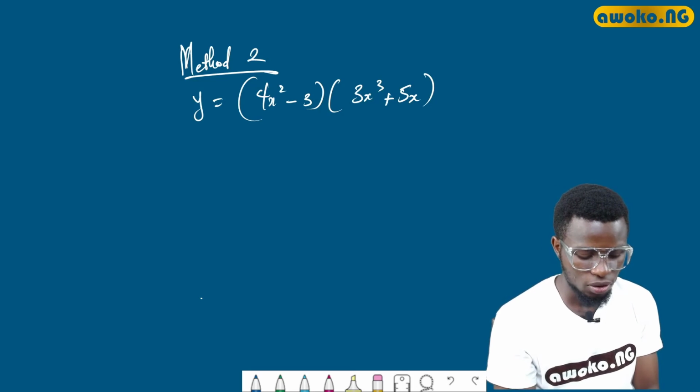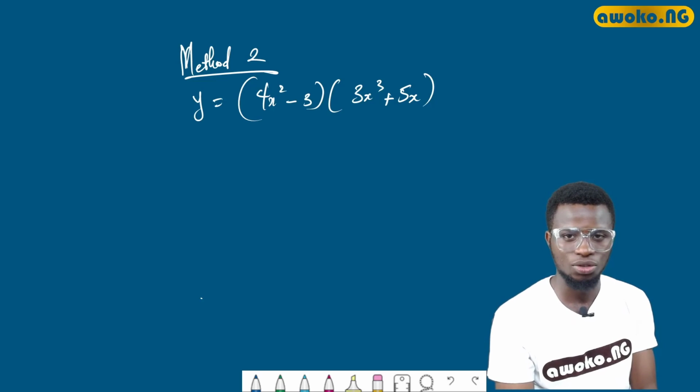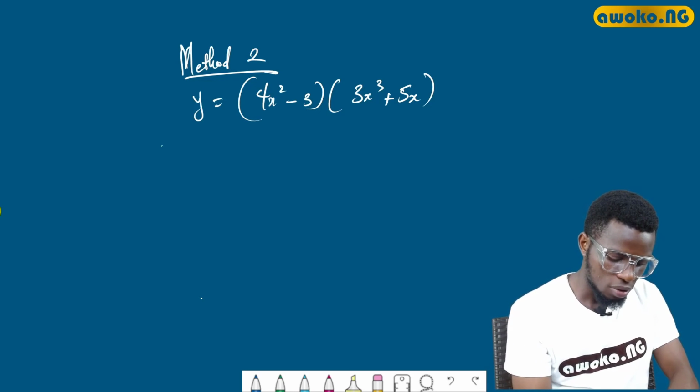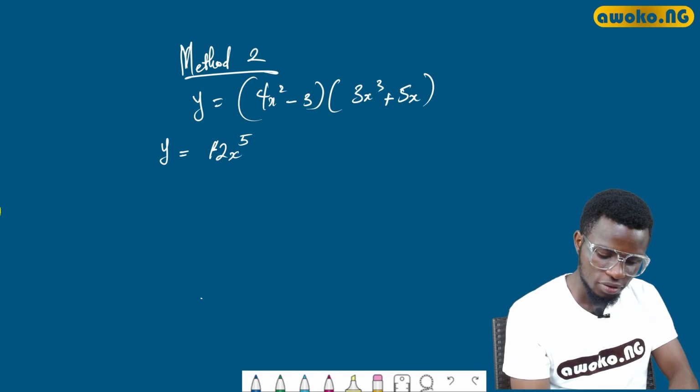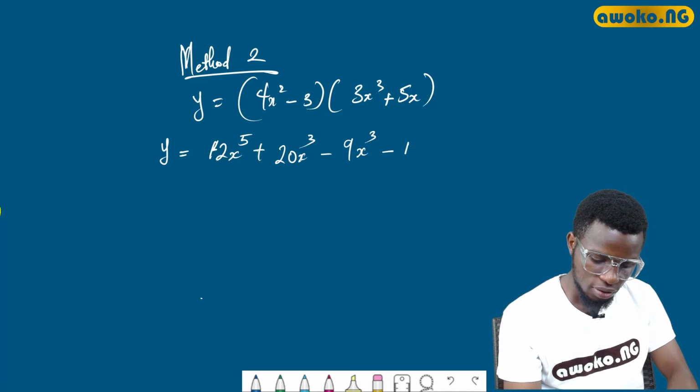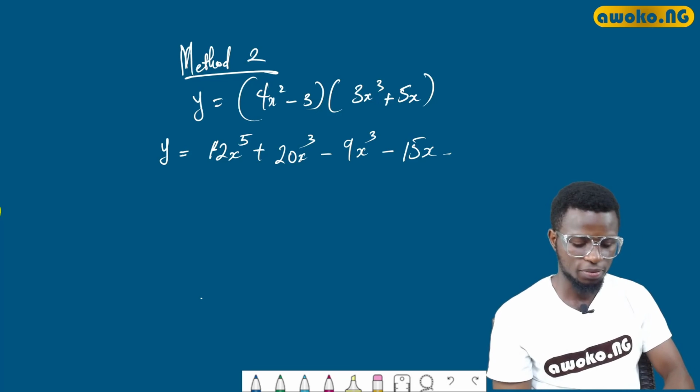In this other method, we are to open the bracket directly. So if you open the bracket, we have y equal to 12x^5 plus 20x^3 minus 9x^3 minus 15x.